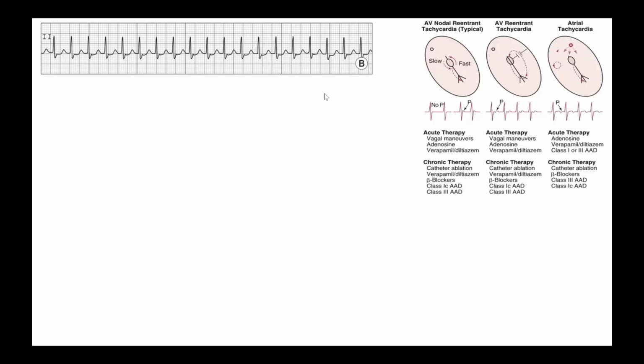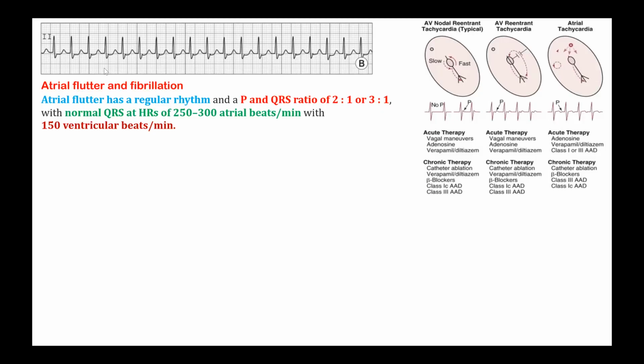Of course, this is a picture which you should be able to identify, as it is commonly given in your OSPE or viva. It can be a form of atrial fibrillation or atrial flutter, and atrial flutter has a regular rhythm with P and QRST. It may be in the ratio of 2:1 or 3:1, with a normal duration of QRS.